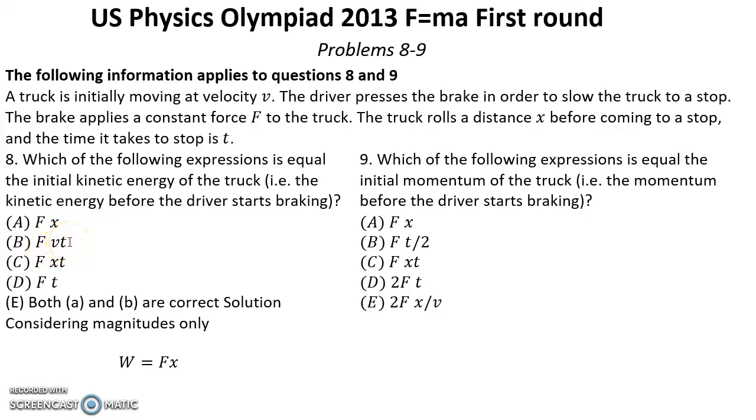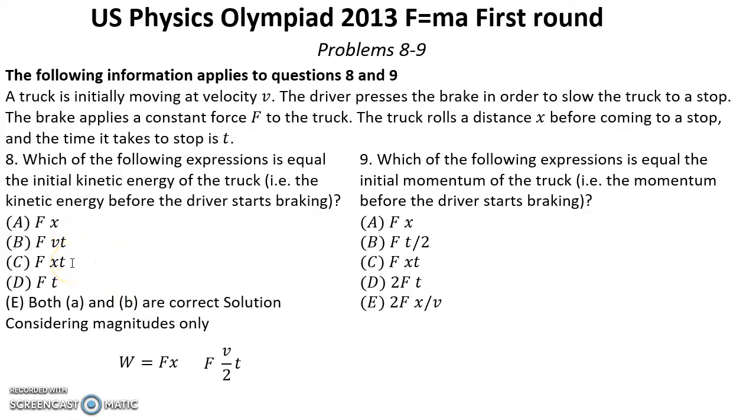But Vt is not a distance. To count distance we can use average speed, which is maximum speed over 2. And the correct answer would be in these units F multiplied by average speed and multiplied by time. And we see that answer B is twice greater, so it's not correct.